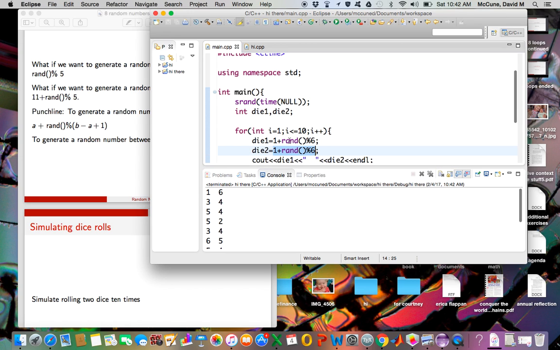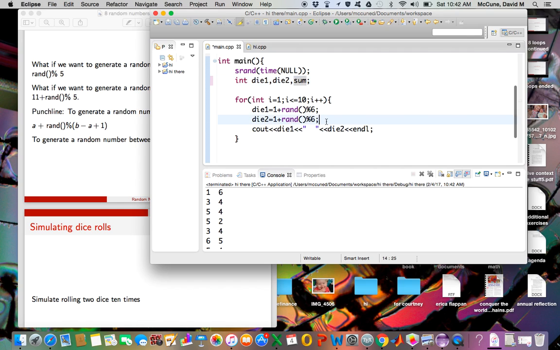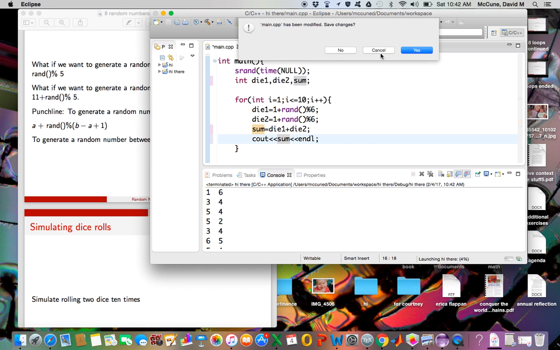And if you wanted to measure their sum, which is something people do a lot of times, like when you play a dice game at the casino, you're not just looking at what the dice individually say, you're adding them up. So we could also just do that, just read off the sum if you want. It all depends on what you want the code to do.